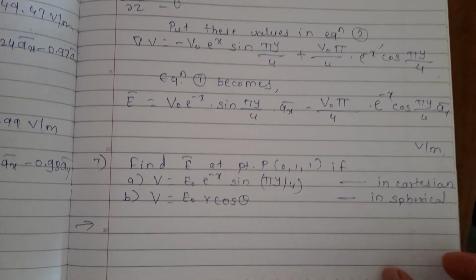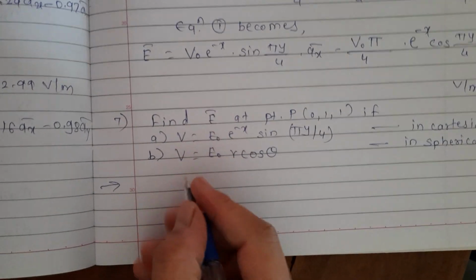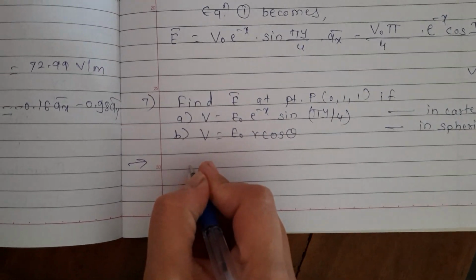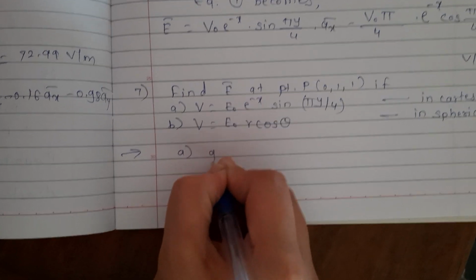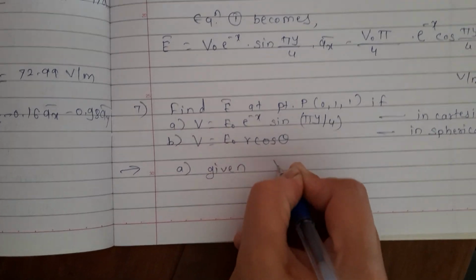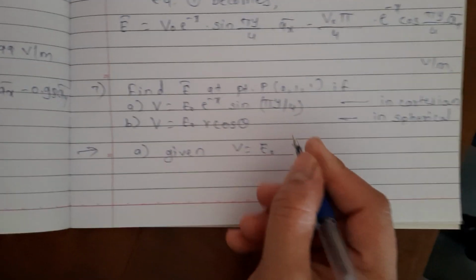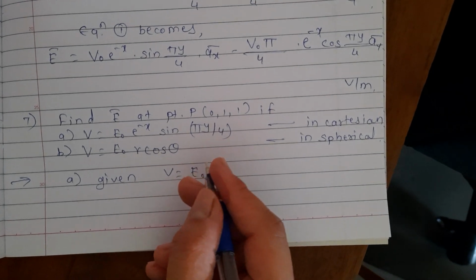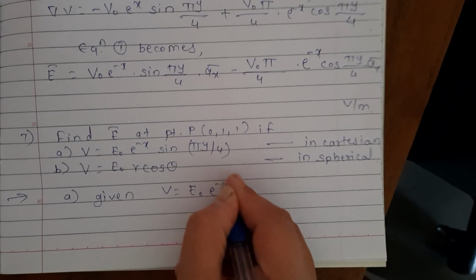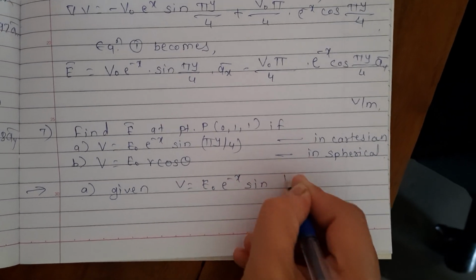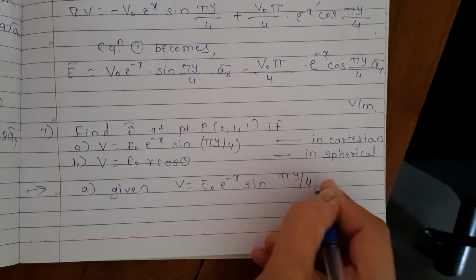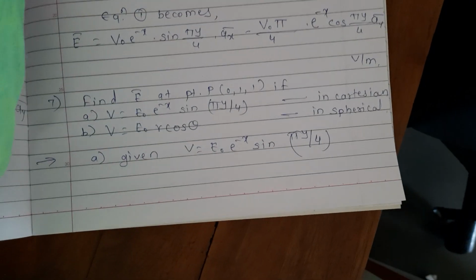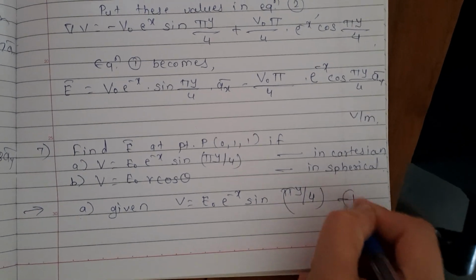Now we solve. What is given? The given equation is the first part of the problem. So the given equation is V is equal to E0 e raised to minus x sine of πy divided by 4. So this is equation 1.